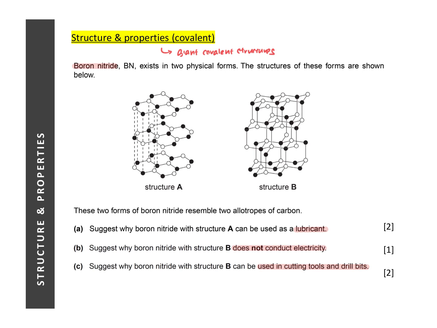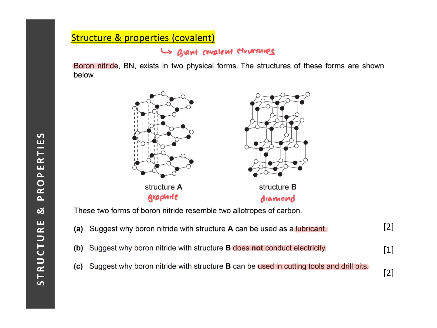Okay, the question is kind enough to tell you that boron nitride resembles the two allotropes of carbon. When you first see boron nitride, you may be taken aback because we don't learn that in the syllabus. But once you see the diagrams and the question also tells you that it resembles that of carbon, you should be able to immediately link structure A to that of graphite and structure B to that of diamond.